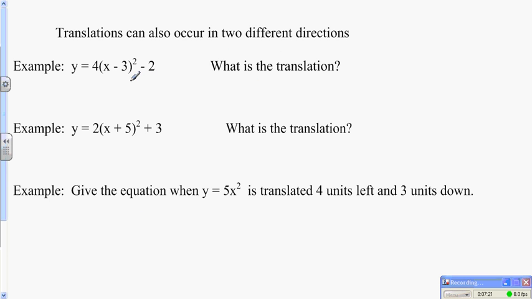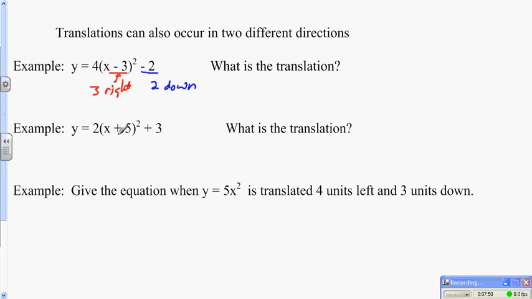So let's take a look at this. What is happening here? Well, inside the parentheses, it's affecting x. So this means you're going to move 3 units opposite of what you think. -3 you'd think would go left. This one's going to go right. And out here, it's going to go 2 units down.